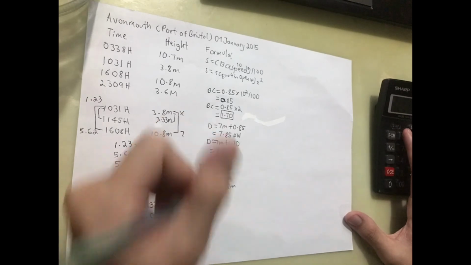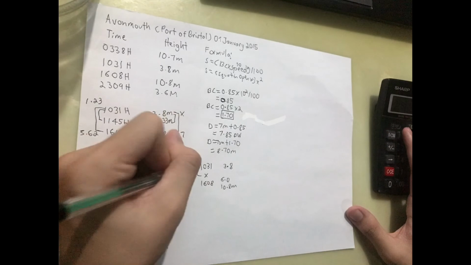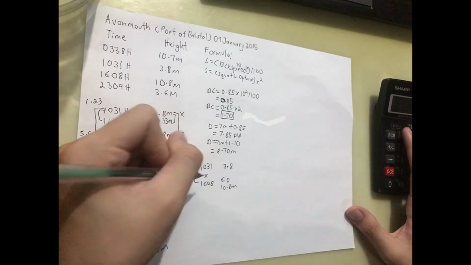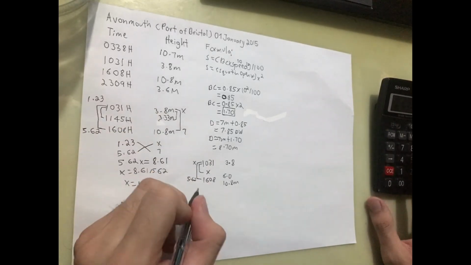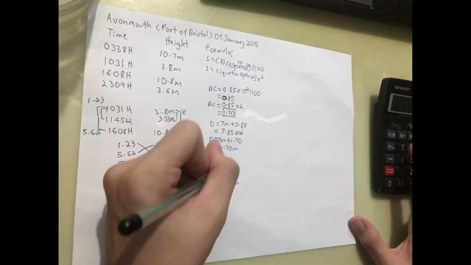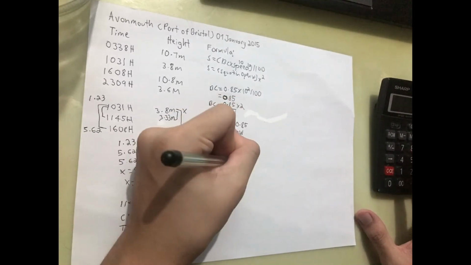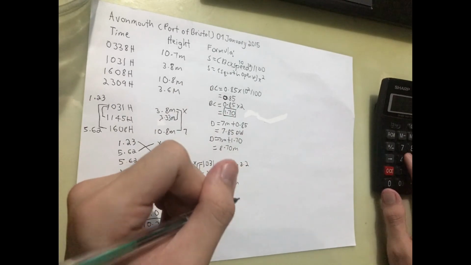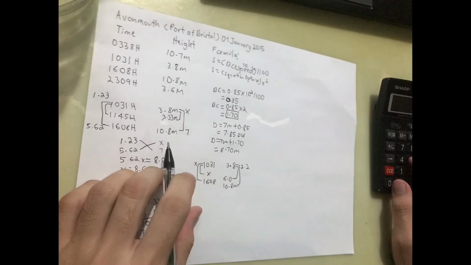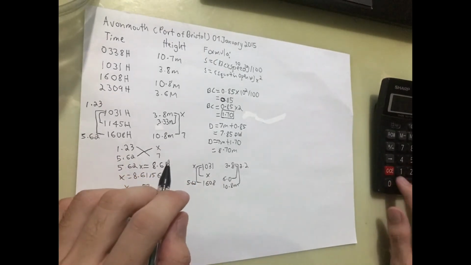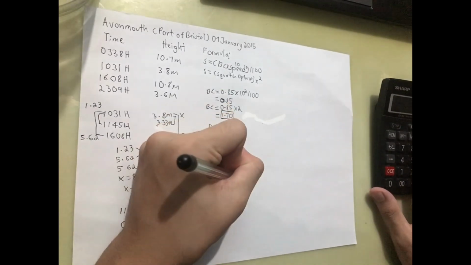So we do what we did previously: the difference between 10:31 and x is equal to x. Then the difference between 10:31 and 16:08 hour is equal to 5.62. On the other hand, the difference between 3.8 m and 6.0 m is equal to 2.2 m. Then the difference between 3.8 m and 10.8 m is equal to 7 m.